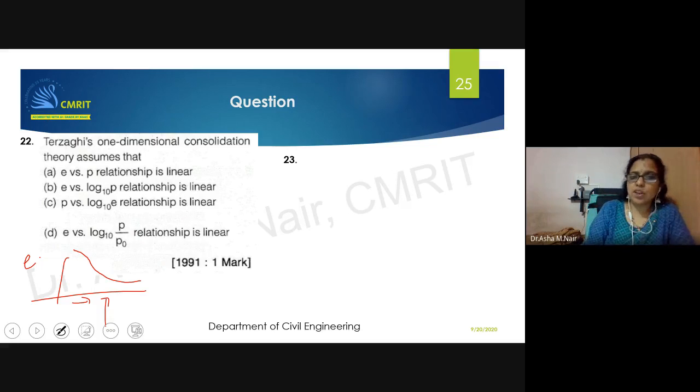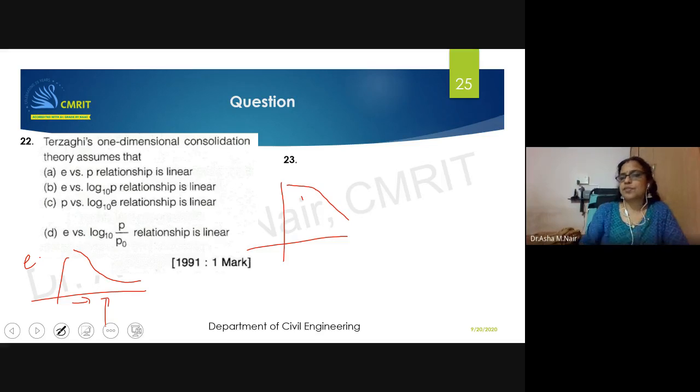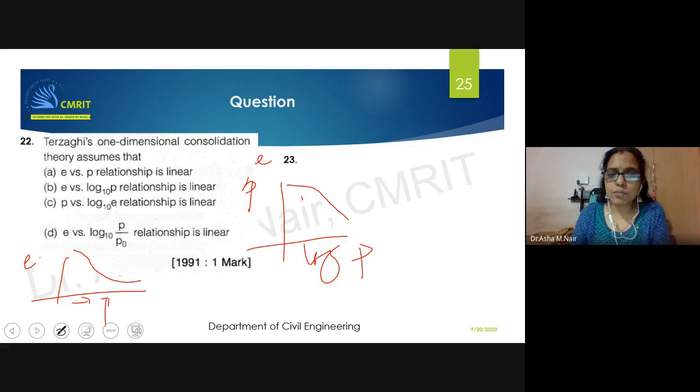E versus log 10 P is a linear relationship. Yes, that is true, because once you do this, you get it like this. So it is a linear relationship. This is E versus log of P. P versus log to the base 10 of E is linear. No way.